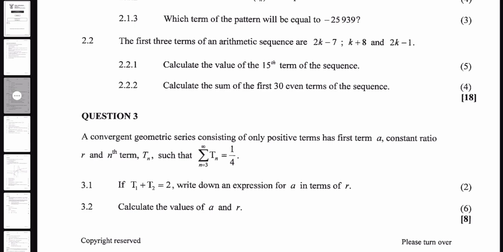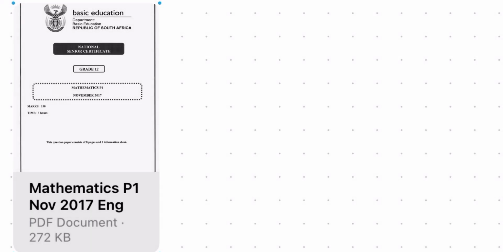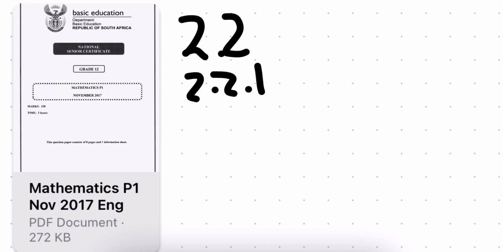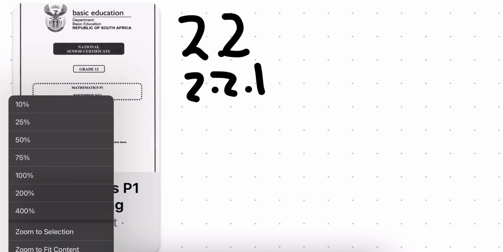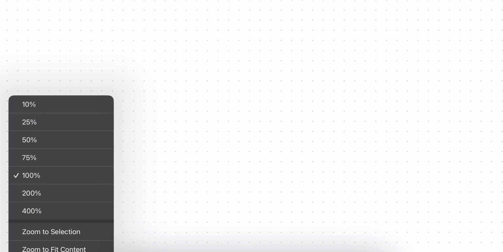So if you've mastered that, then you're cool, right? Okay, cool. Let's just solve the question. It's 2.2 and 2.2.1. Maybe let's zoom out a bit. Oh my gosh, we just lost our thing.